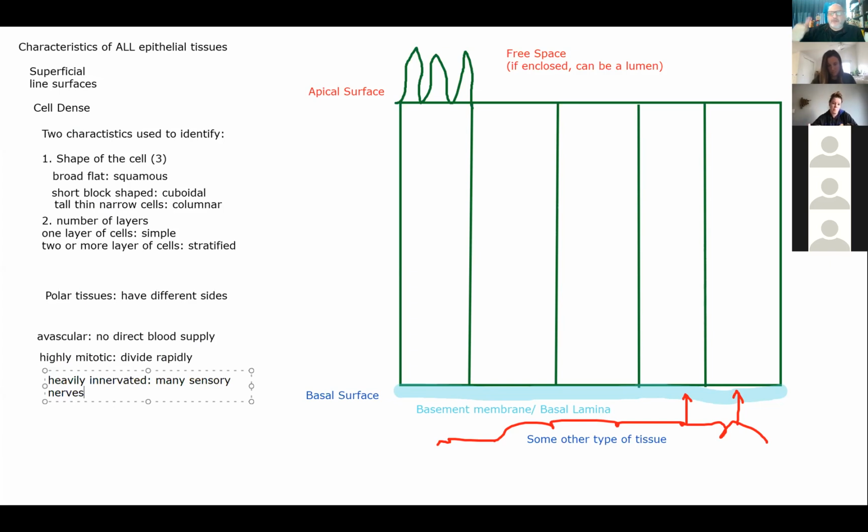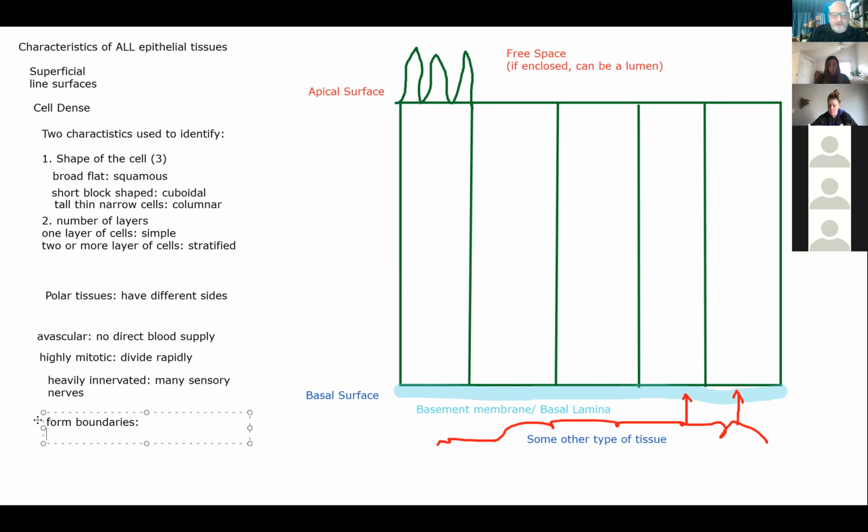All right, so highly mitotic, heavily innervated, but avascular. And like we said, they line surfaces, they form boundaries. But not impenetrable boundaries. We do want to allow some movement of materials.